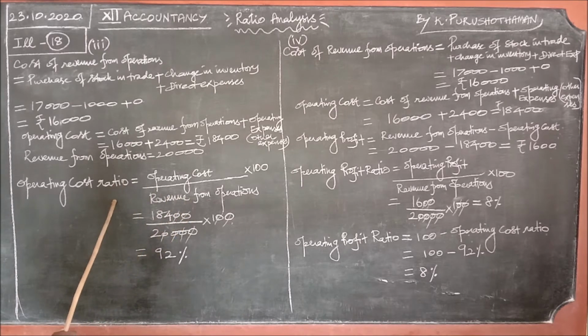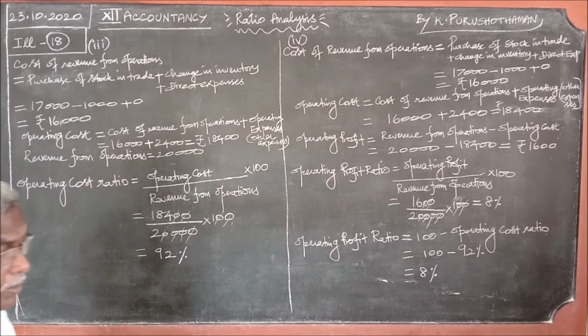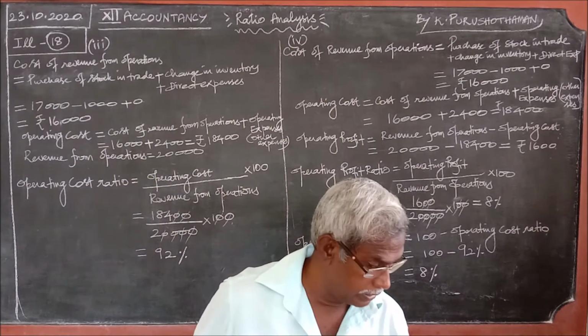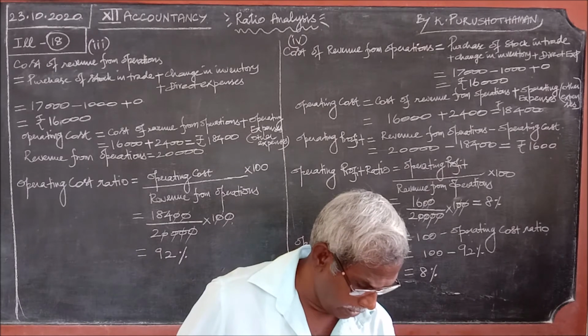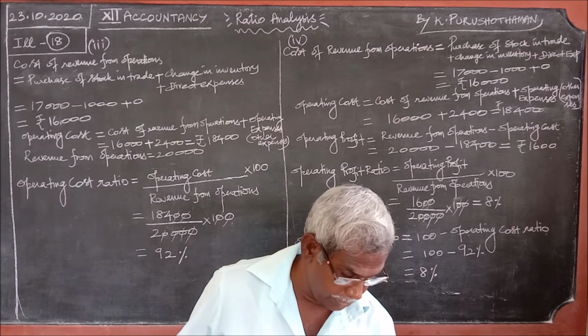For gross profit ratio, the formula given is gross profit by revenue from operations.